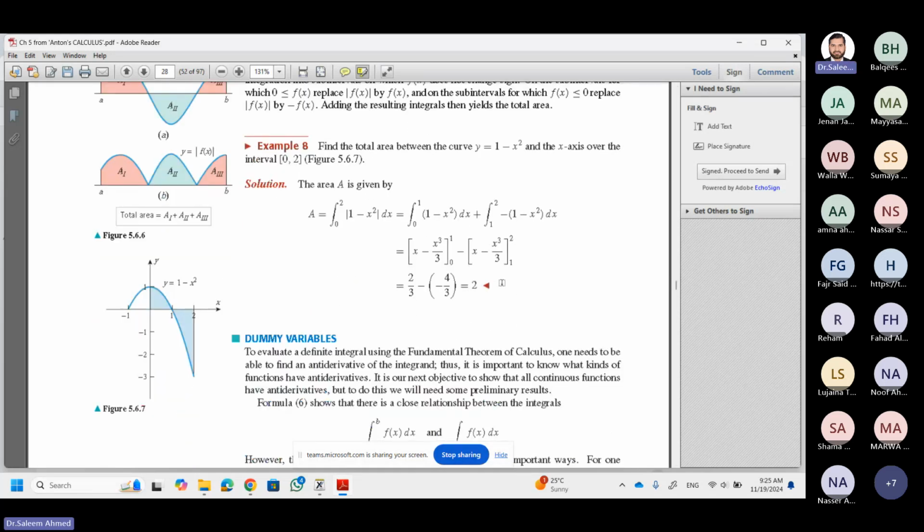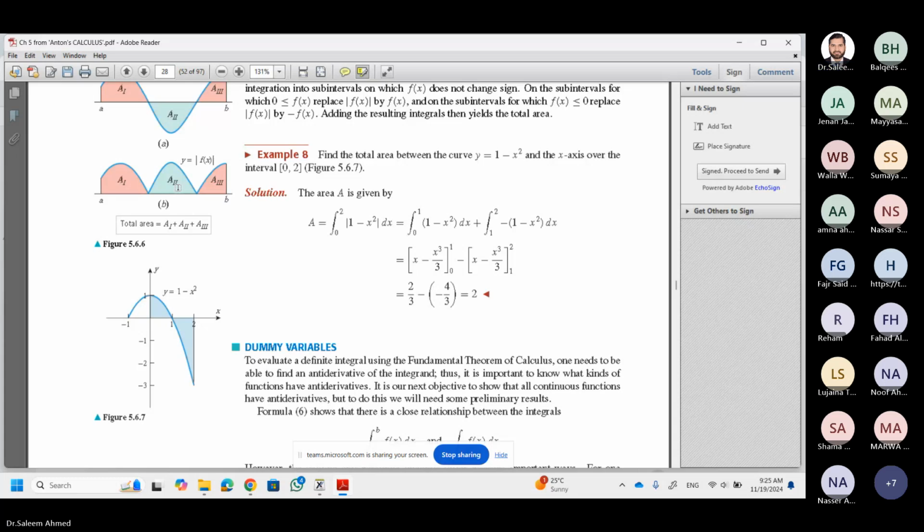So see here in example 8, y is 1 minus x square, and you see from 0 to 2, it is positive from 0 to 1, and it is negative from 1 to 2. So you see they split it. From 0 to 1, I wrote the function directly.